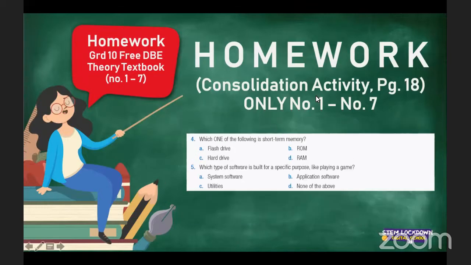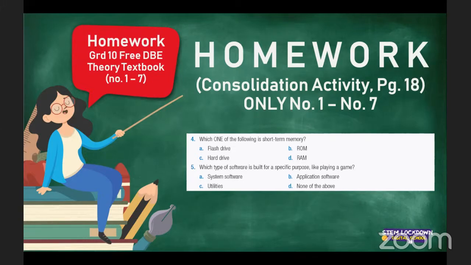Cool. Then we look at 4 and 5. Okay, let's look at number 5. Which type of software is built for a specific purpose? System software, utilities, application software, or none of the above? Everyone should get this because I went through this for about half of our lesson today.